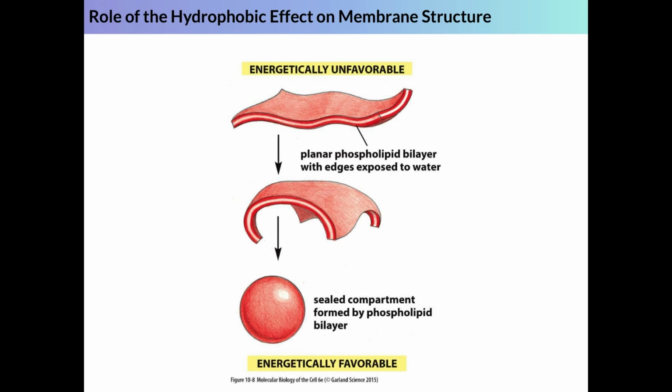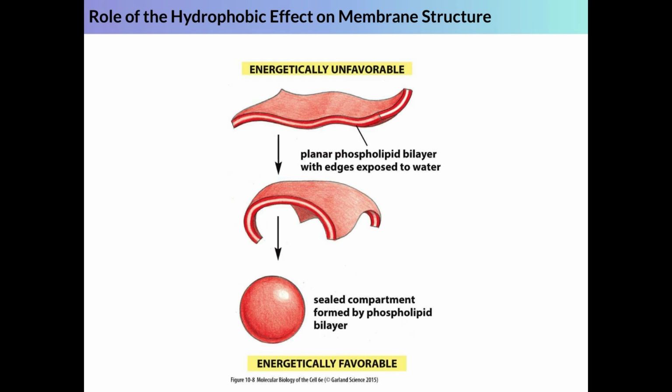The hydrophobic effect is not only responsible for the formation of the lipid bilayer, but also for the sealing of that bilayer. If there is a tear in the phospholipid bilayer, that edge will be exposed to water. Since this is thermodynamically unfavorable, the lipids rearrange spontaneously to eliminate the free edge.